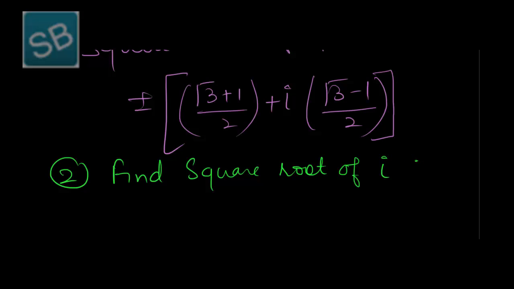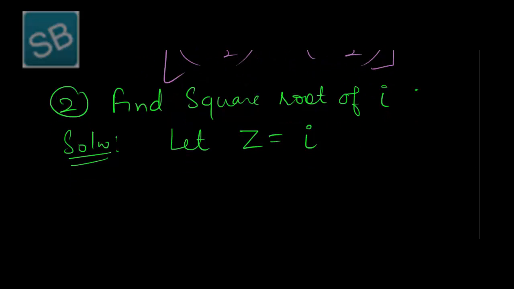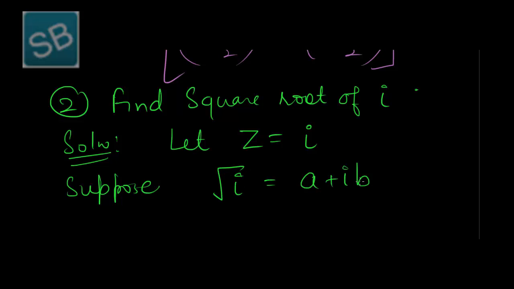So we'll use here the way of the article. So the solution is: let z is equal to iota, and we have to find the square root of iota, let it be a plus iota b.